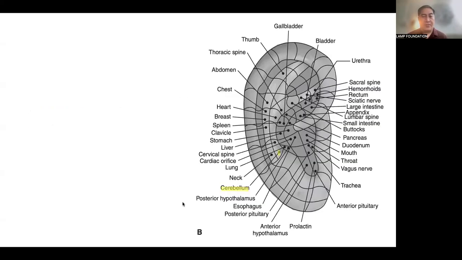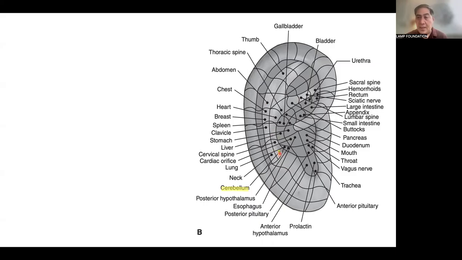So let's start with the first one. As you can see, we have emphasized the cerebellum. So again, to refresh your memory, this is the antihelix. We'll start from the lowermost part of the antihelix.